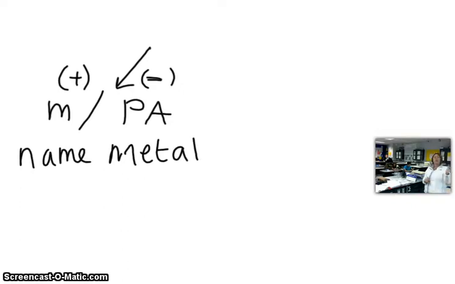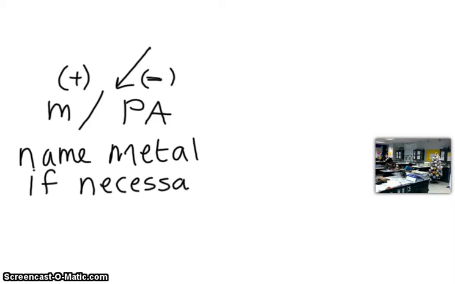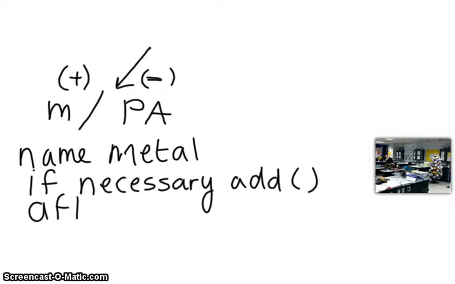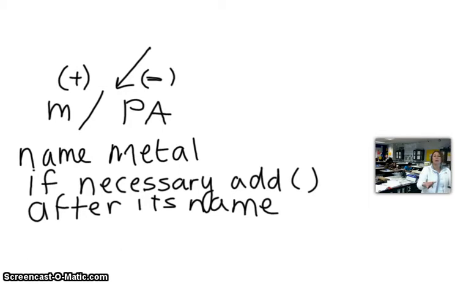Whenever you have a metal, just like with binary, you have to look up your metal and see if your metal has more than one charge. I'm just going to say, if necessary, add parentheses after its name. And of course, just like with binary, you'll need to figure out what goes inside those parentheses and put it in Roman numerals.